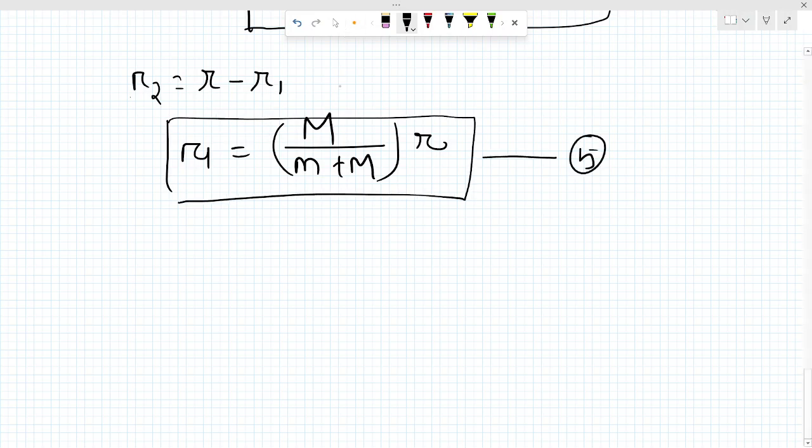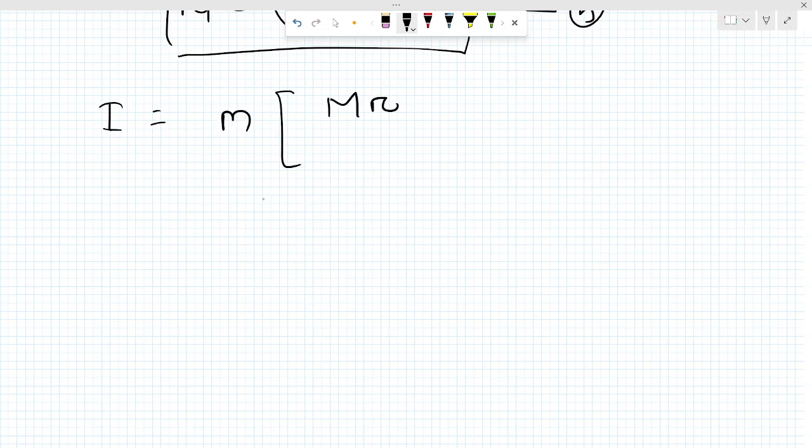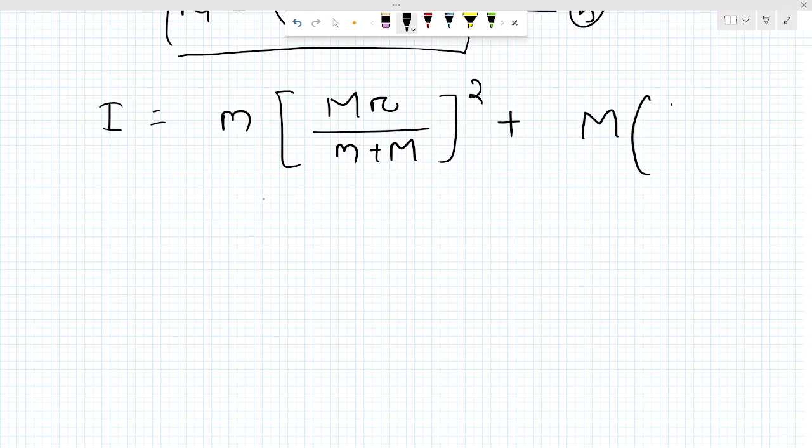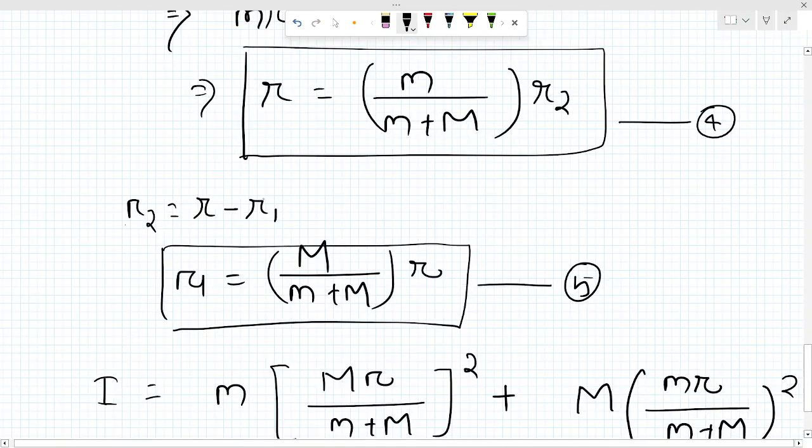Now using this in our equation of moment of inertia, what we will get, I will be equal to small m into capital M R upon small m plus capital M, whole square, plus capital M small m into R only, upon small m plus capital M, whole square. Let me check this.